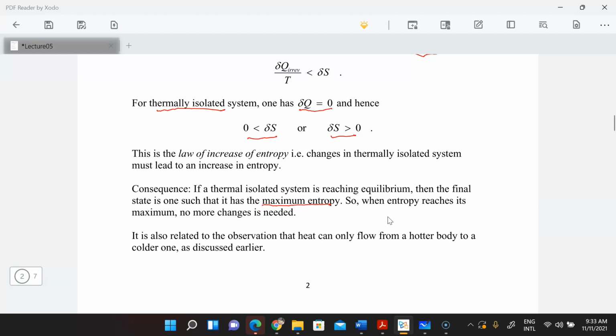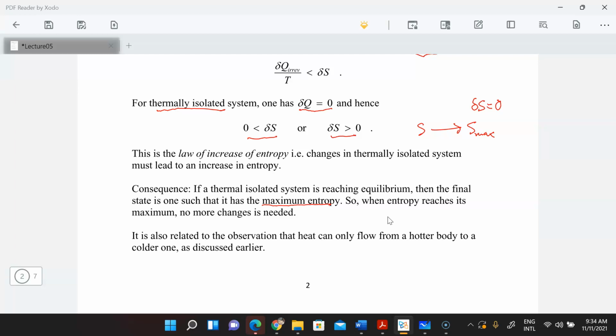So your S changes to S max, and any other changes that come from the system reaching the maximum entropy can only be delta S equals 0.